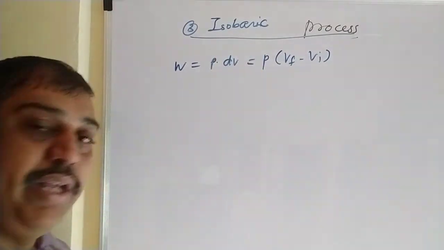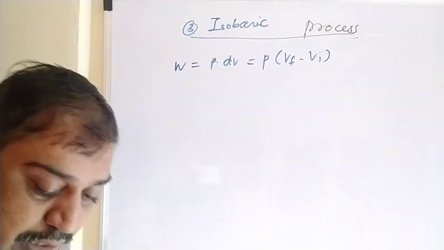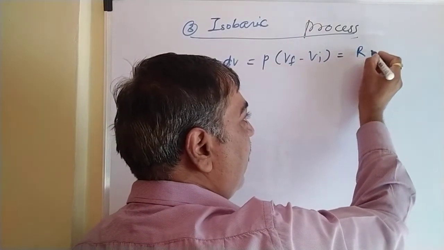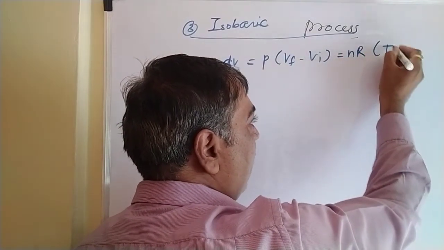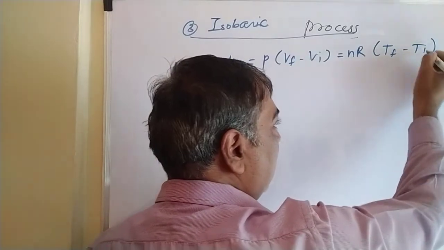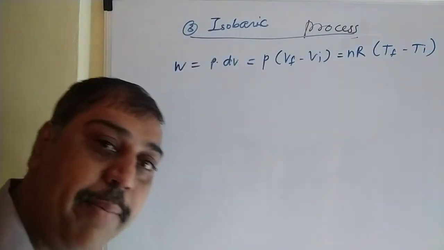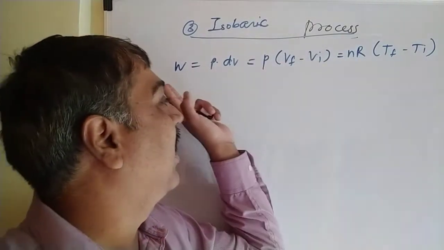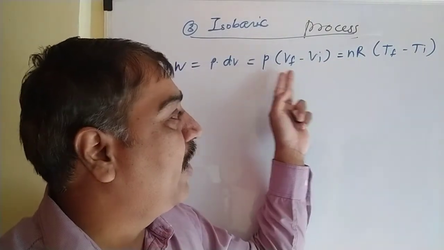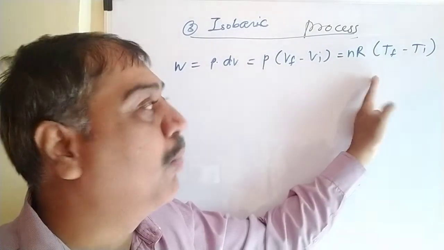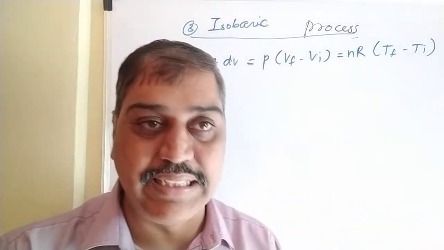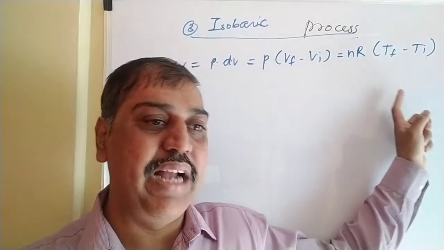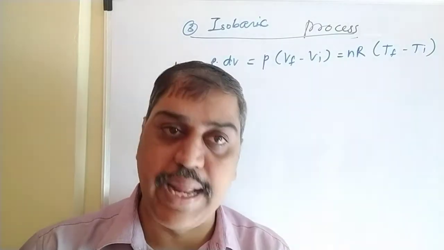PV equals nRT, so we can write nR into Tf minus Ti, final temperature minus initial temperature, and n and R are constant. So work done equals P into (Vf minus Vi) equals nR into (Tf minus Ti), where Vi, Vf are the initial and final volumes and Ti, Tf are the initial and final temperatures.